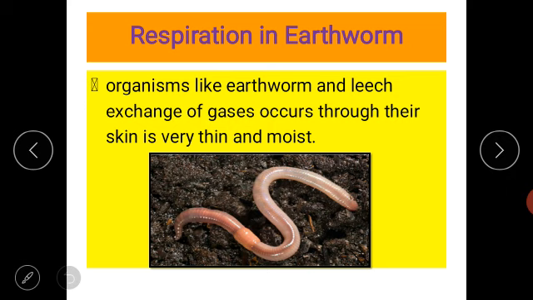Why is it possible? Because the skin of such organisms is very thin, so there is easy exchange of gases inside and outside the organism.